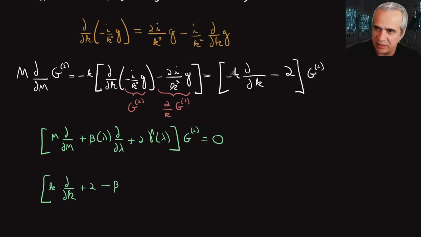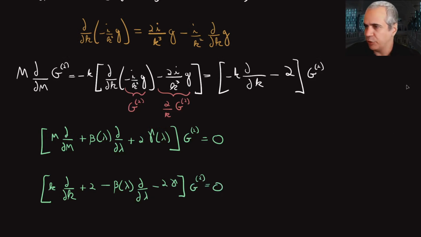I compensated for this sign on these two terms. Minus beta del lambda minus 2 gamma G2.